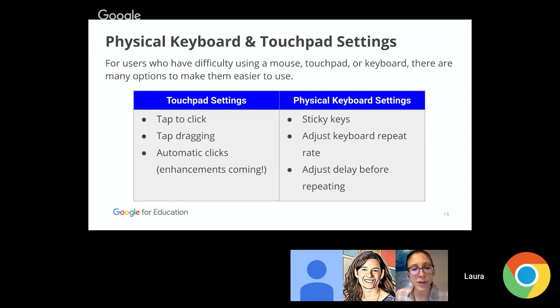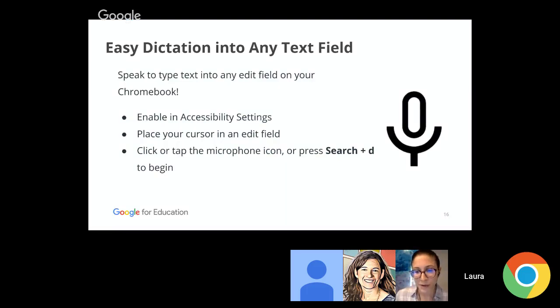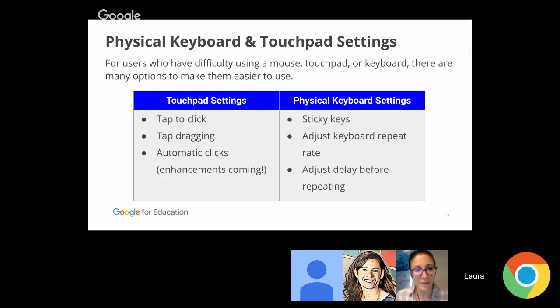We also have a feature called automatic clicks. And this feature will make it possible to hover over content and then have the Chromebook click for you. So when automatic clicks is on, you basically hover, you choose the amount of time that you want to wait, so that you can actually make it very quick, or you can have it wait a few seconds before it clicks.